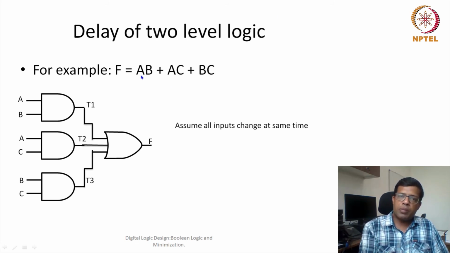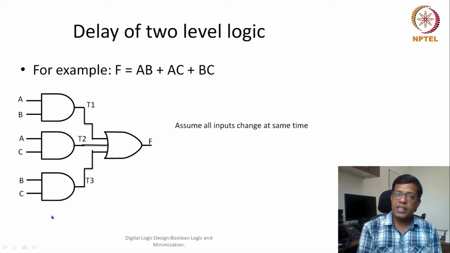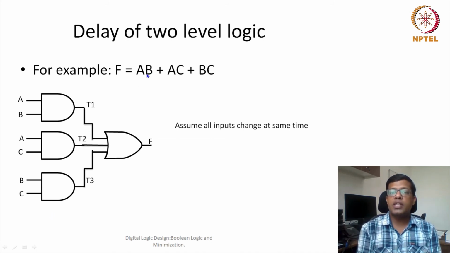For each product term, AB, AC and BC, the number of literals will dictate how many inputs the AND gate has. Similarly, the number of product terms tells how many inputs the OR gate has. In other words, the number of product terms defines how many AND gates there are, and the number of literals in each product term defines their inputs.